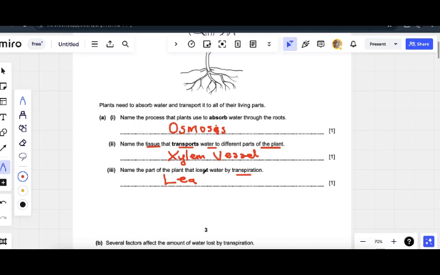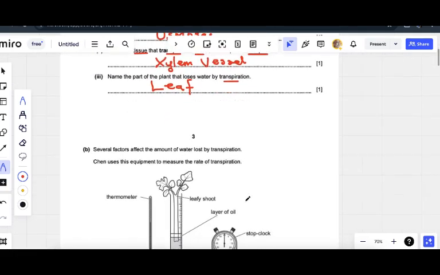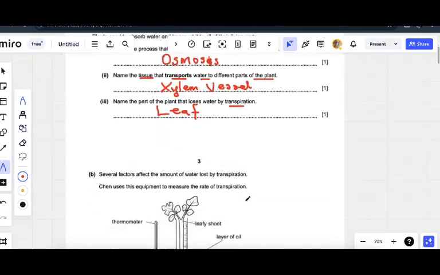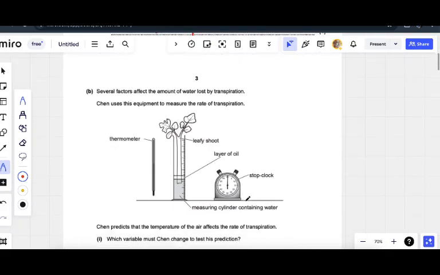You see, it's short answers, just one mark. We finish question 1A. We move to the next question.